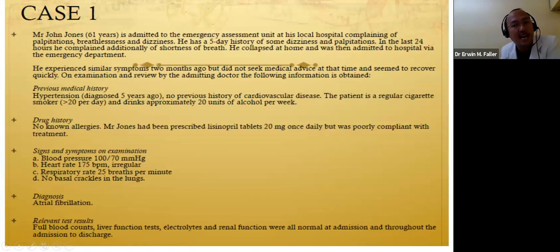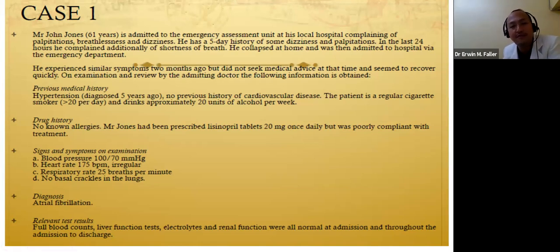And we'll be able to discuss this case number 1. I'm going to read that Mr. John Jones is admitted to the emergency assessment unit at his local hospital complaining of palpitation, breathlessness, and dizziness. He has a 5-day history of dizziness and palpitation.